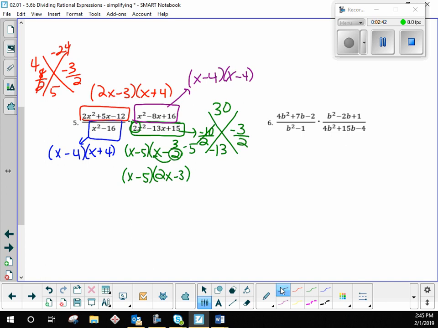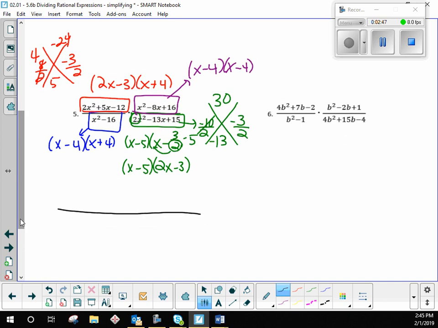And so then when you put everything back together in one big fraction, the red stuff is 2x minus 3, x plus 4. The purple stuff is 2x minus 4s. And in the bottom, we have the blue stuff on the left, which is x minus 4, x plus 4.